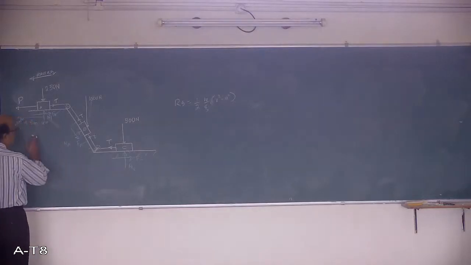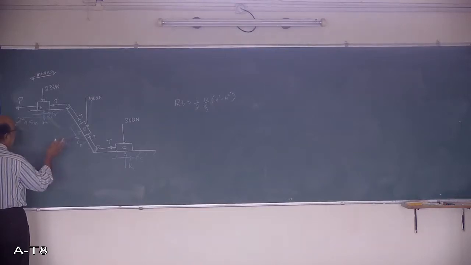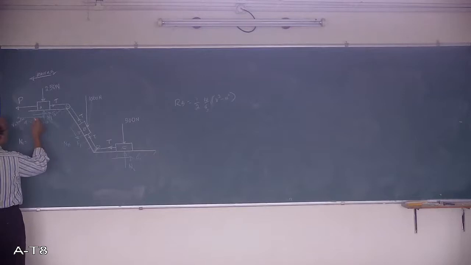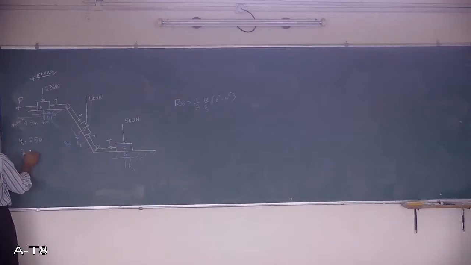Now, first of all, I will write a combined equation for both of these. First, what is N1? Here, N1 is equal to 250 Newton, and Fa is equal to the coefficient of friction between the block and this surface, which is given as 0.3.